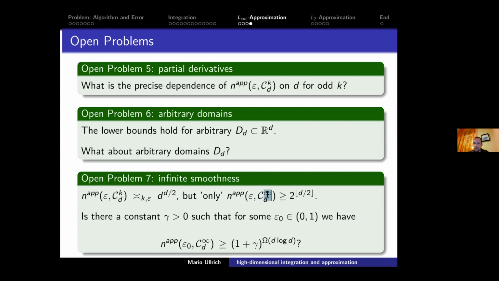But for infinite smoothness, we only have 2 to the d over 2 so far. The question that one might ask is, do you also get something like d to the d, as here, also in the case of infinite smoothness?